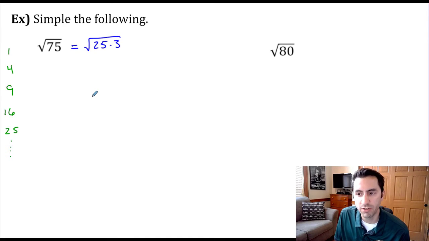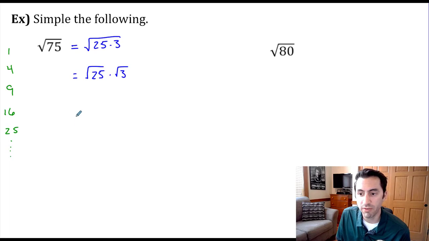And now that it's written like multiplication, we can use our product rule to separate this. So separating this into two separate square roots, we have the square root of 25 times the square root of 3. And now we should be able to simplify.